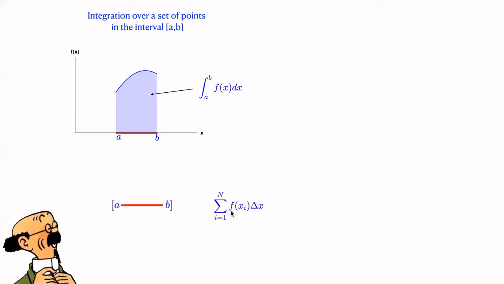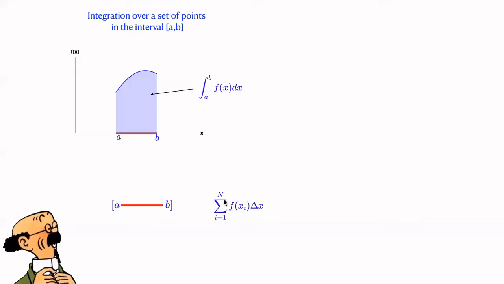If you wanted a more precise definition of the integral, you sample the function being integrated at different points along the interval. You consider dividing that interval into smaller intervals of length delta x, and then you sample your function at each interval, take the sum, and multiply it by delta x.